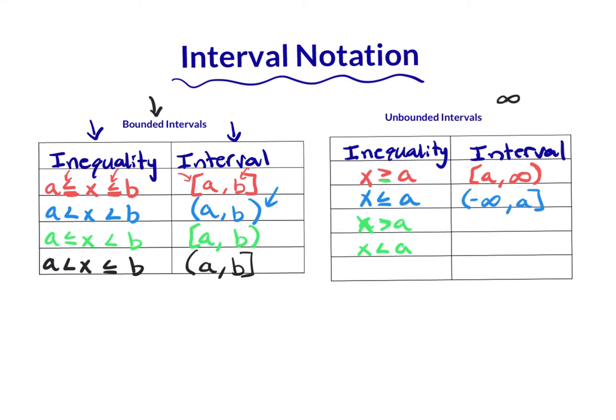Same thing, just no brackets. So a to infinity, negative infinity to a. And then the last one is the symbol for all real numbers. All real numbers means we are going from negative infinity to positive infinity.